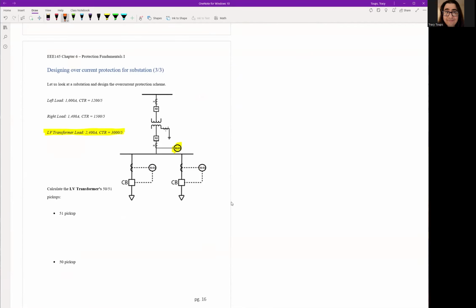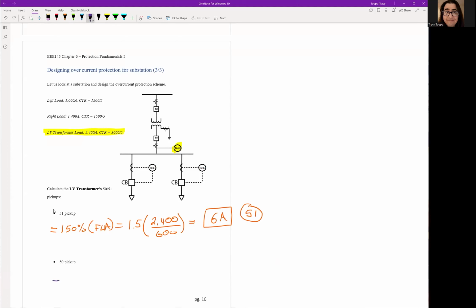So 51 element right here, standard 150% full load amps. In this case, it is 1.5 times 2400 divided by, so 300 to 5 is a 600 to 1 CT. And this is 6 amps. So that's the 51 element.